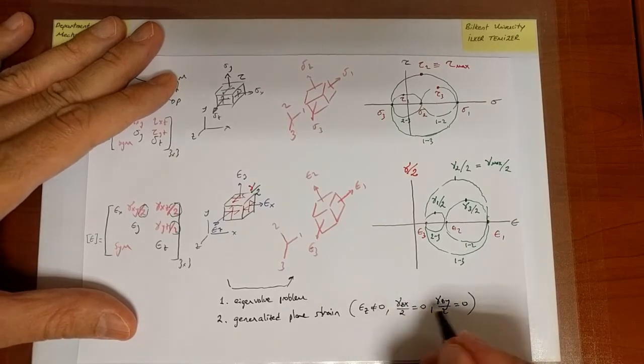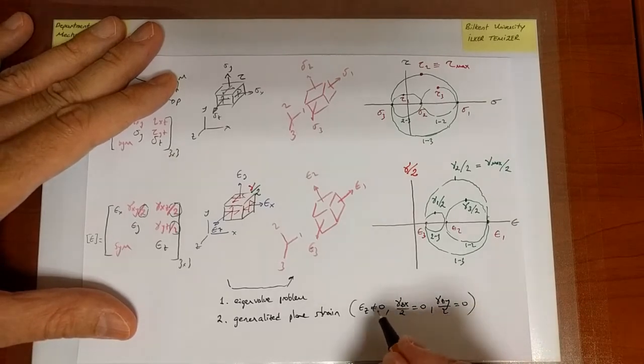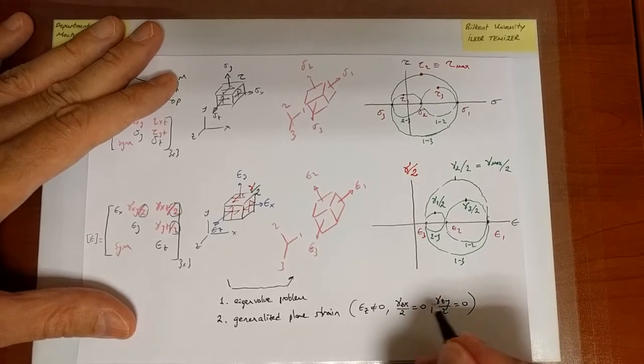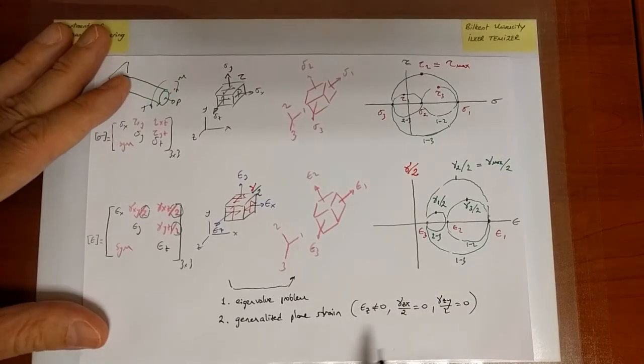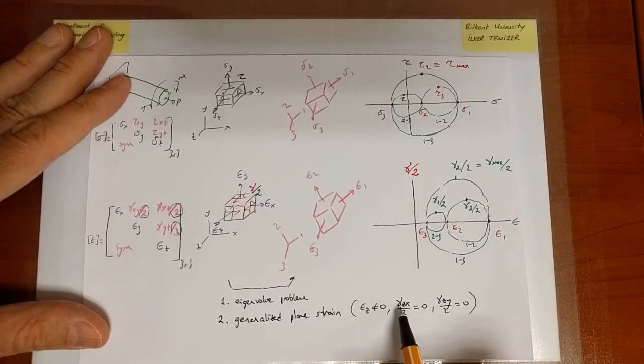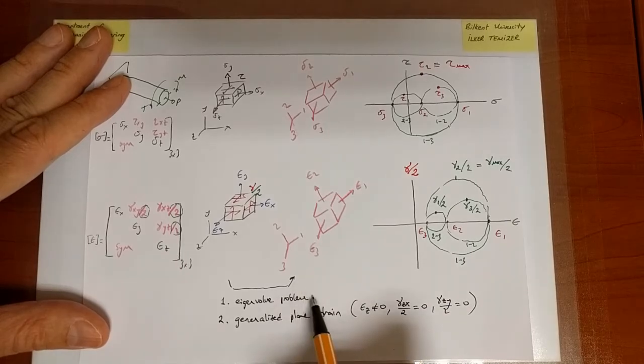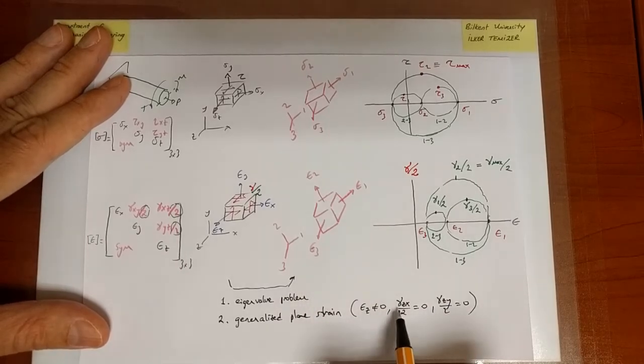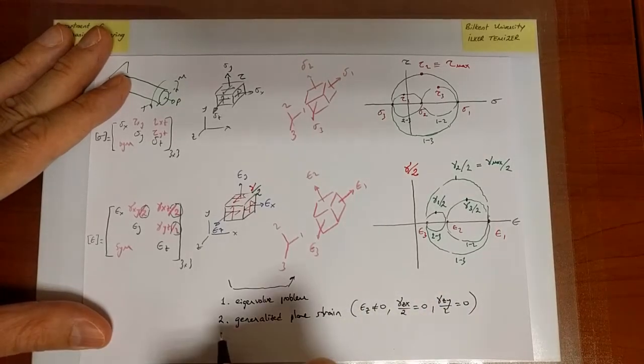So the shear strains associated with the z direction are both equal to 0. So there is only one shear strain in this case. In other words, gamma xy over 2, if you like, that is non-zero. And there's epsilon x and epsilon y. Okay, so this is the state of generalized plane strain.